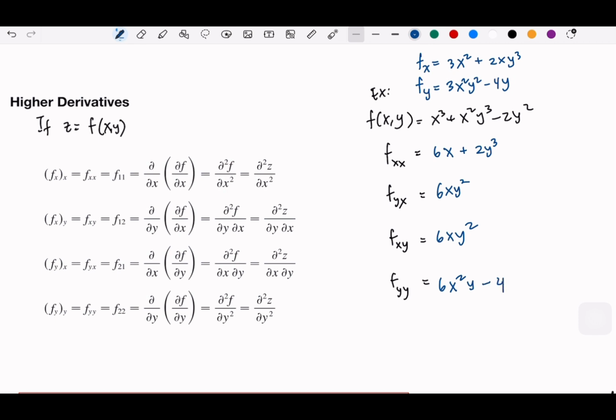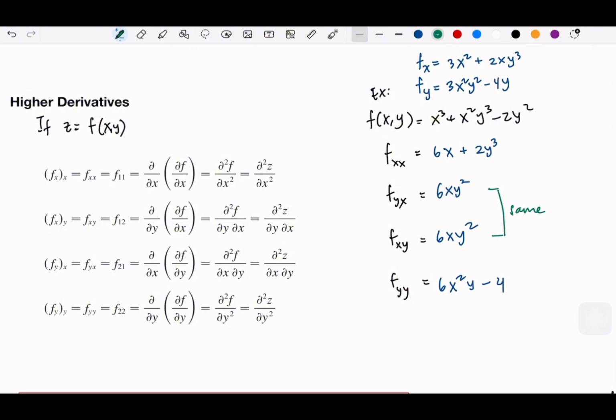Notice that the second part here and the third part are the same, right? So this gives you a new concept: whenever you derive from x and then y, or from y and then x, they have the same result.